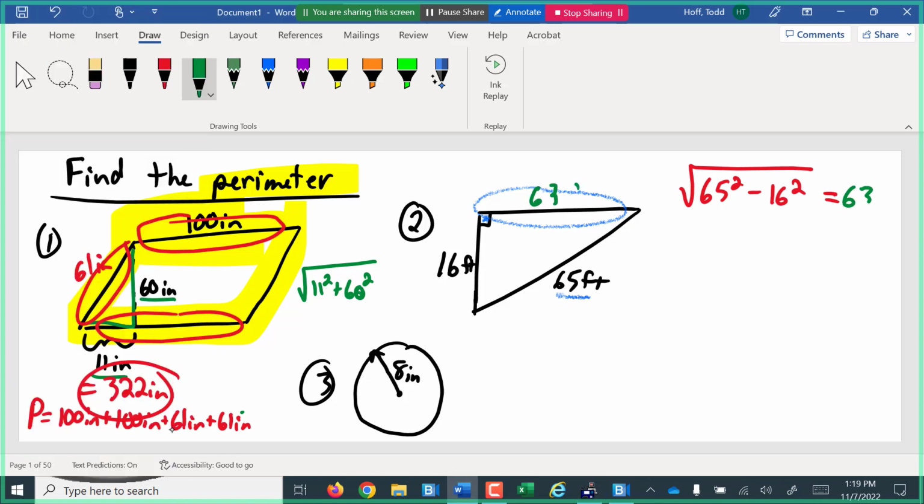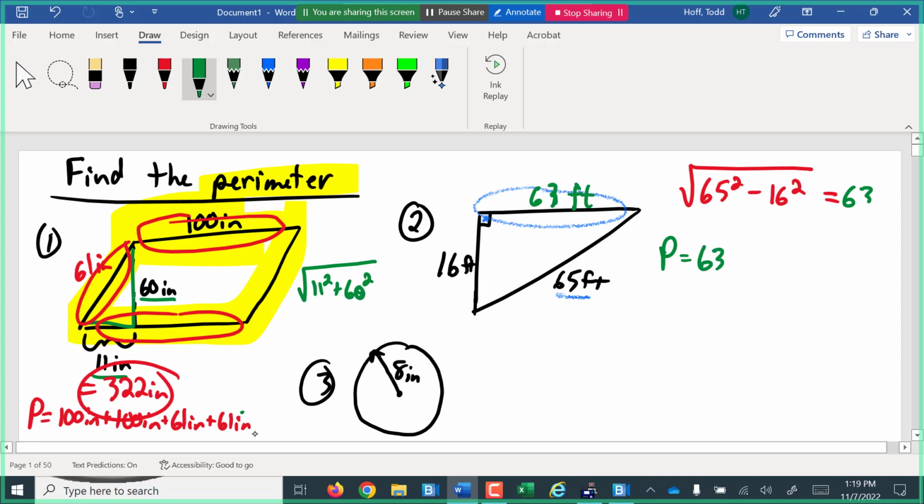So this is 63 feet. The perimeter is 63 feet plus 65 feet plus 16 feet. What is that, 144 feet, I believe, of total perimeter. How many have 144 for number 2? Perfect.